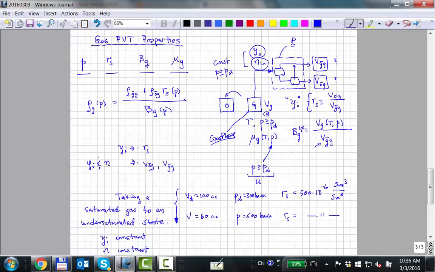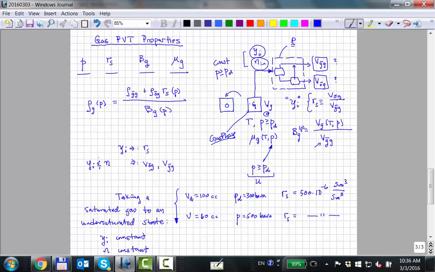The pressure below the dew point will have one phase. Below which dew point? Below this dew point here. Yes, the dew point. For this gas by itself, we never go to lower pressures, at least not what we're talking about here.